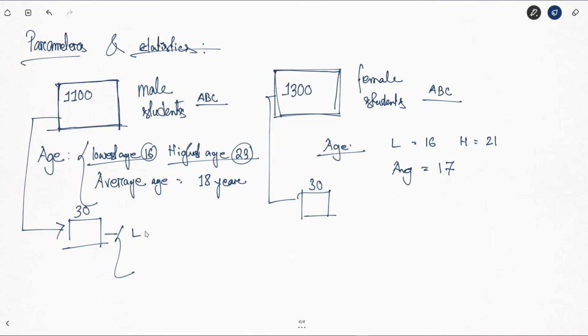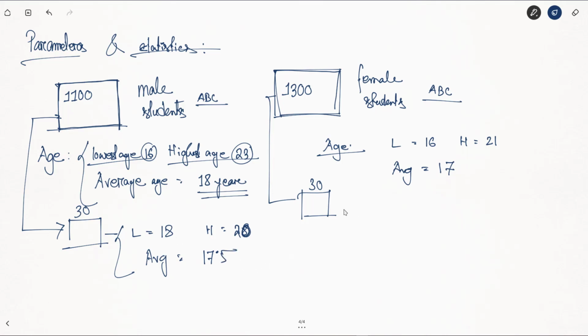In this smaller group, the lowest age may be 18, the highest age may also be 18. What if all of them are of age 18? Or let's say the highest age is 20, suppose. In this group of 30 students randomly selected from these 1100 students, their average is, suppose, instead of 18 for the population, now 17.5, right?